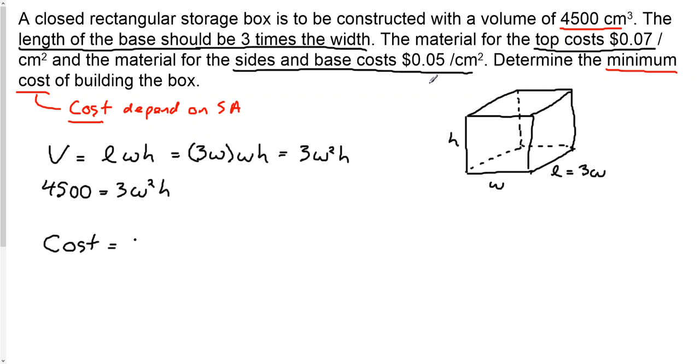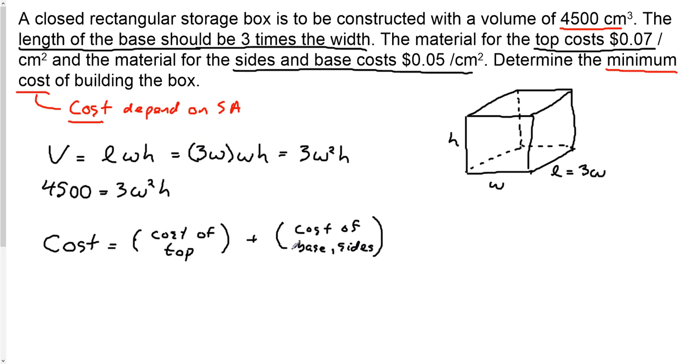So when we're setting up our equation for the cost, we want to divide it up in terms of those two materials. Our first material cost is that 7 cents, and it represents the cost of the top. If we add to this the cost of the base and the sides, that'll give us the total cost.